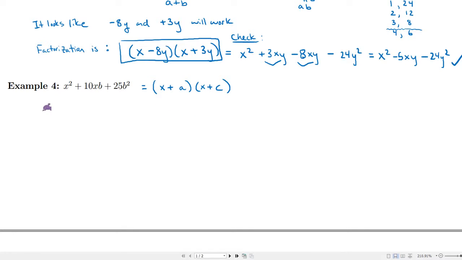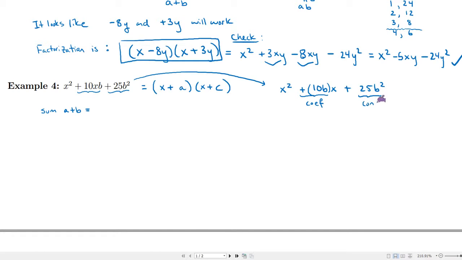So what do we want? We want the sum a plus c to be equal to the coefficient of x. So what is the coefficient of x here? Rewriting this, it is x squared plus 10bx, so that is the coefficient of x, plus, and then this whole thing is your constant term, 25b squared.